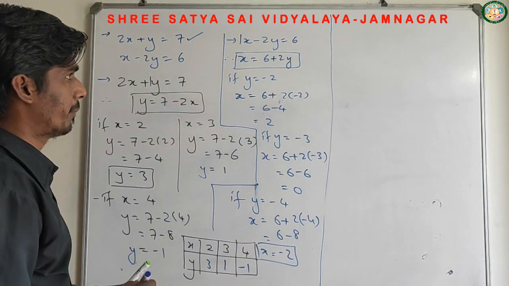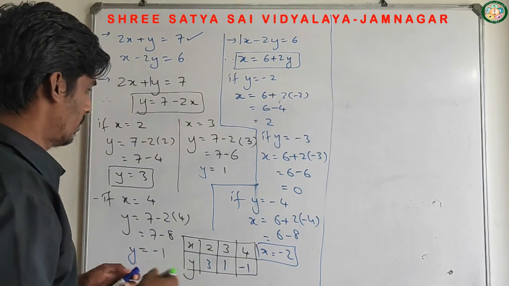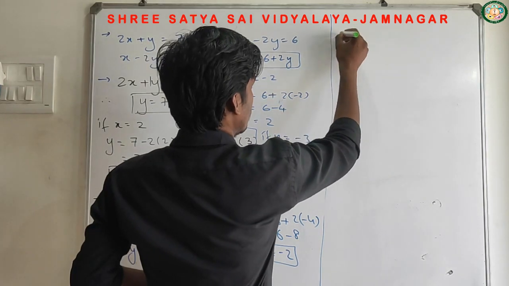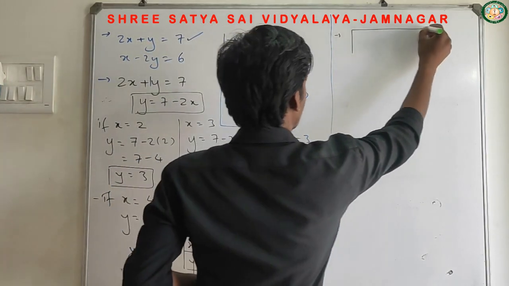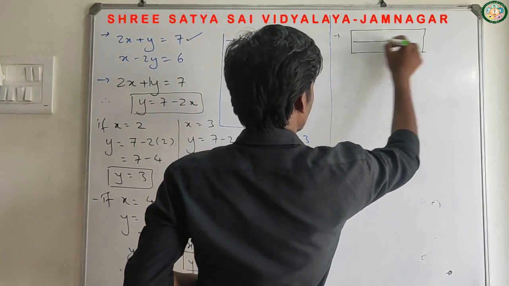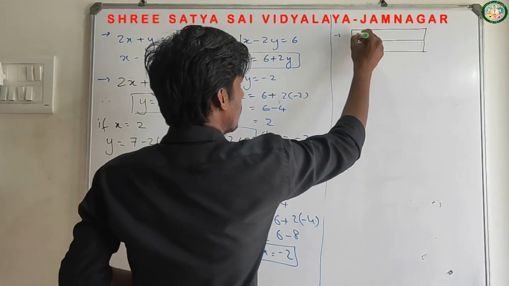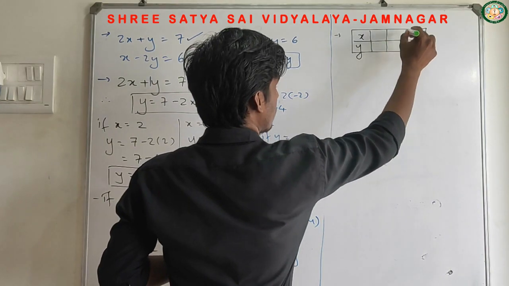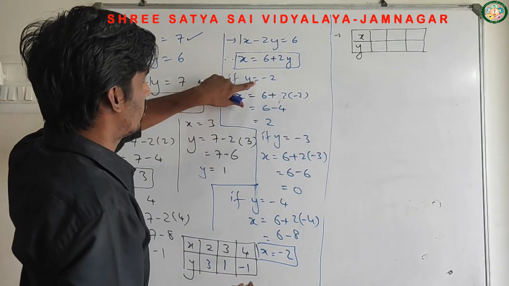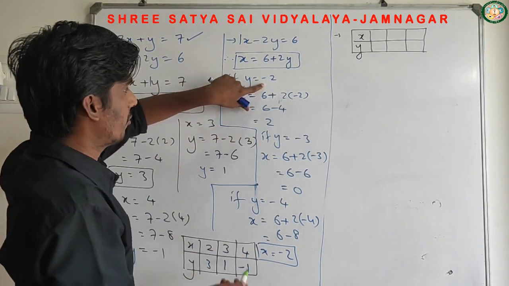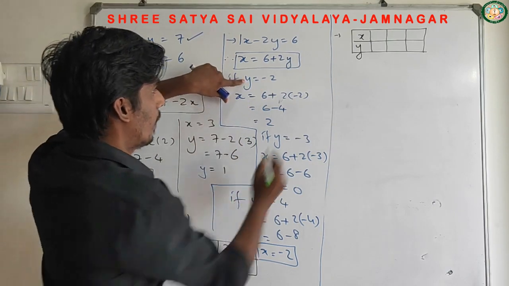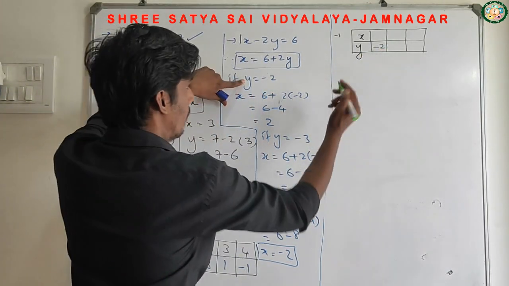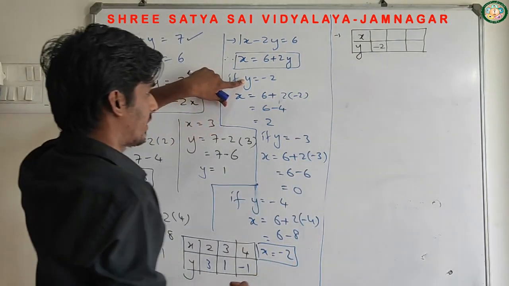Now if I draw one more table, x, y. What are the different values of y I took? Take care of this when you replace the value of y. Y is minus 2. By mistake, don't replace this value in x.